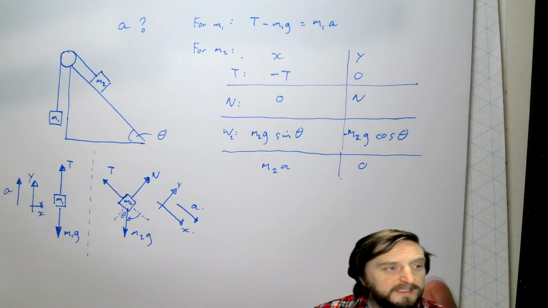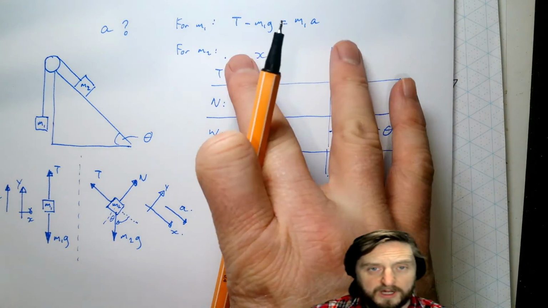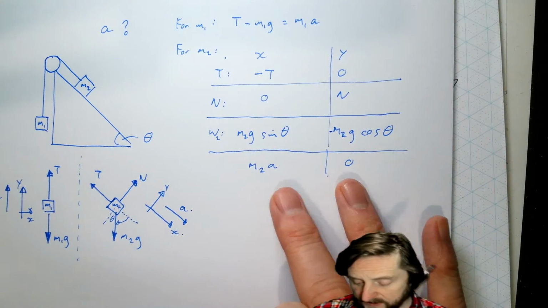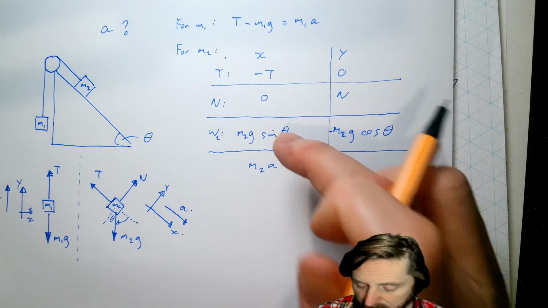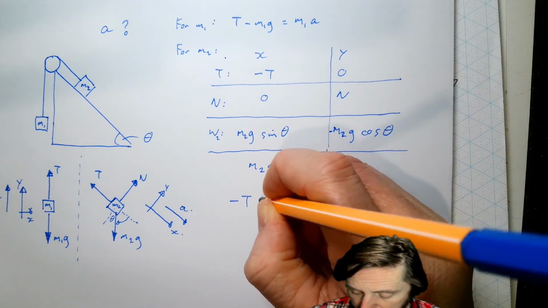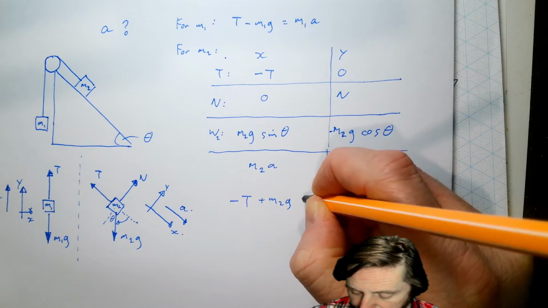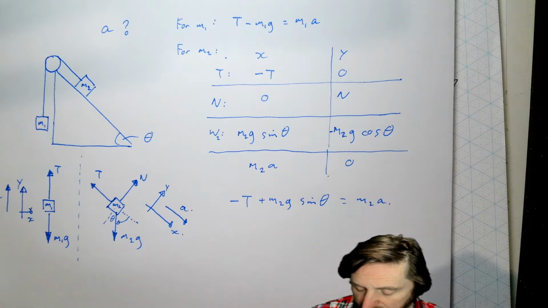So I can write out my two Newton's second law equations for this particular second body. So I've got minus T plus m2g sine theta equals m2 times a.